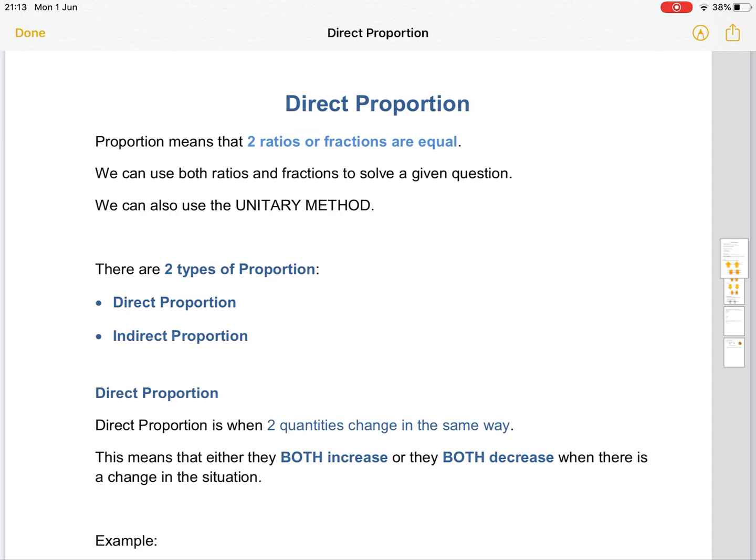Now, proportion, as we've already explained several times, means that two ratios or fractions are equal. So we can use both ratios and fractions to solve a given equation, but we can also use, and I'm going to explain later, the unitary method. Okay? Now, boys, there are two types of proportions.